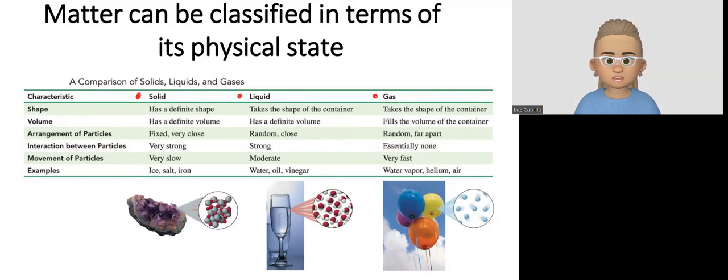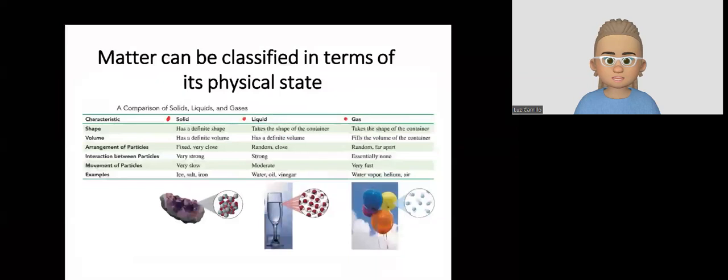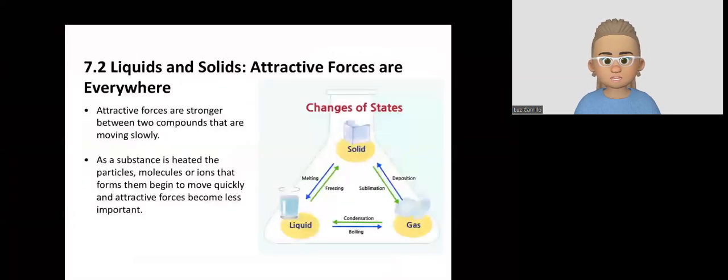The reason why we talk about the state of matter is because the attractive forces have to do with how molecules are going to change into other states of matter. As you can see in section 7.2, liquids and solids have specific attractive forces, but I want you to be familiar with how attractive forces between two compounds are going to allow them to move.